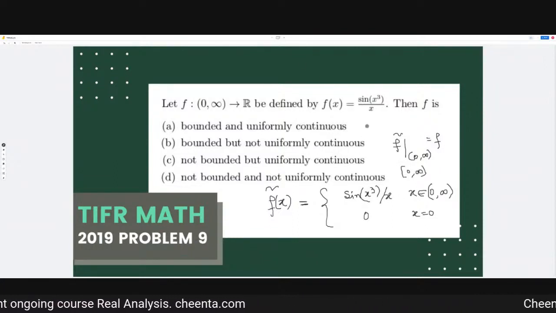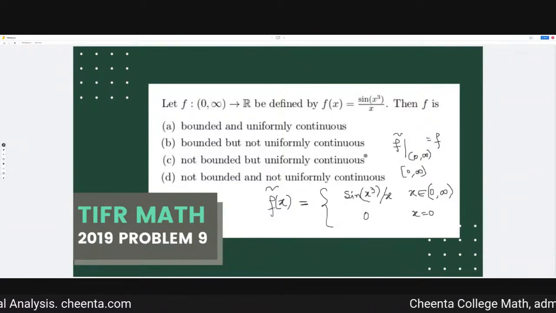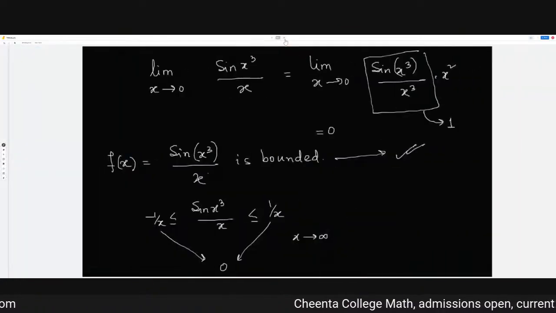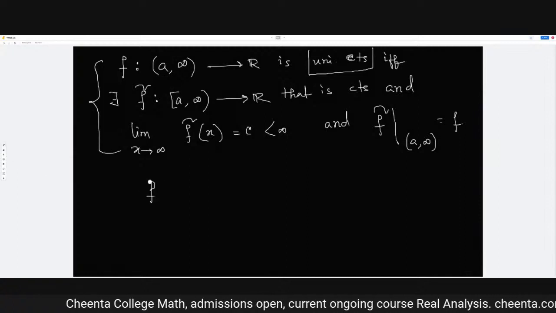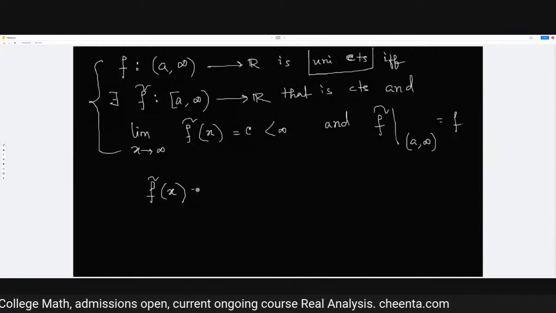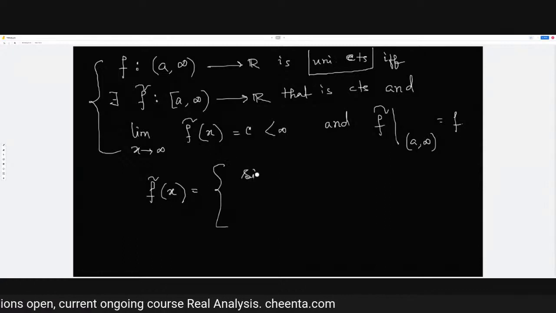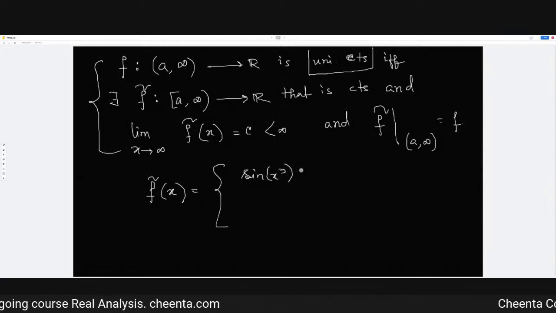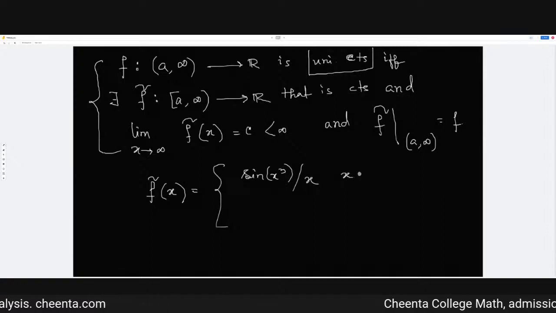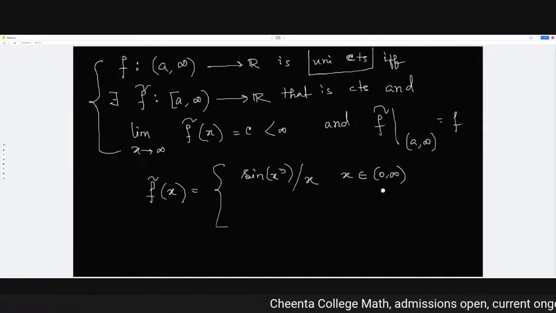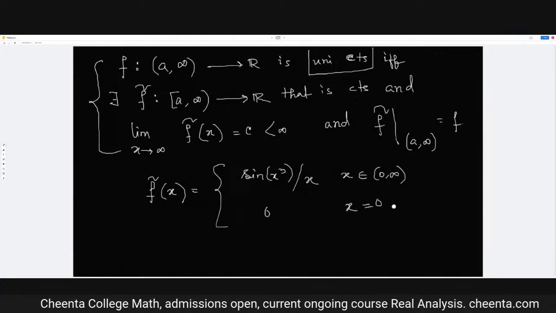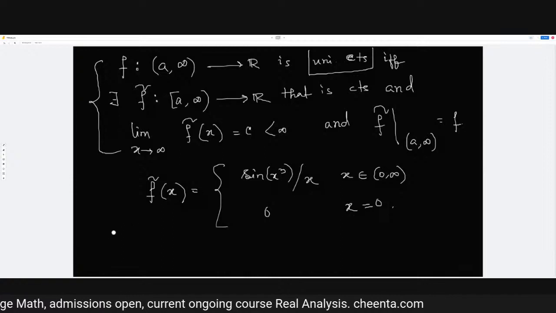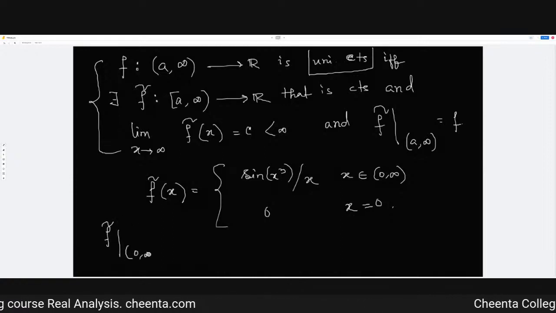Just compute the limit as x tends to 0, what is f tilde of x? So I have f tilde of x is sine of x cubed by x when x belongs to (0, infinity), and 0 when x is equal to 0. So f tilde restricted to (0, infinity) is f.